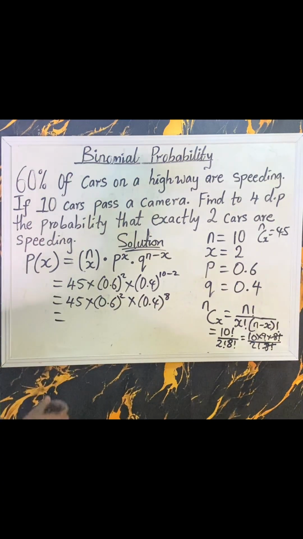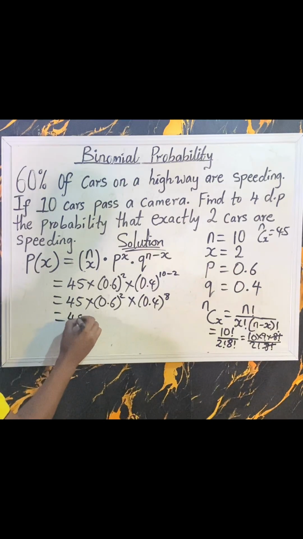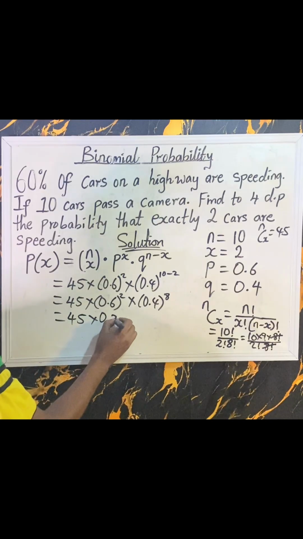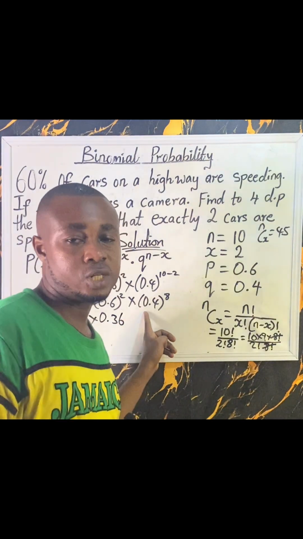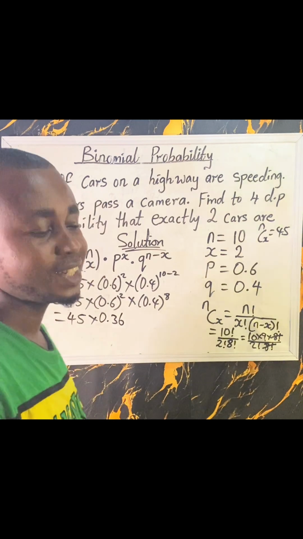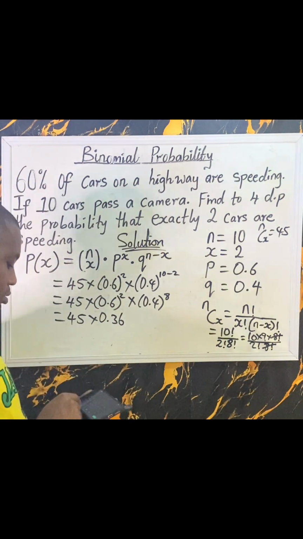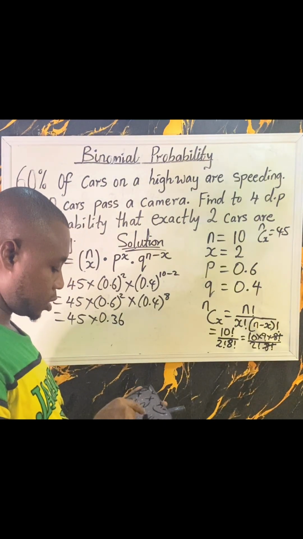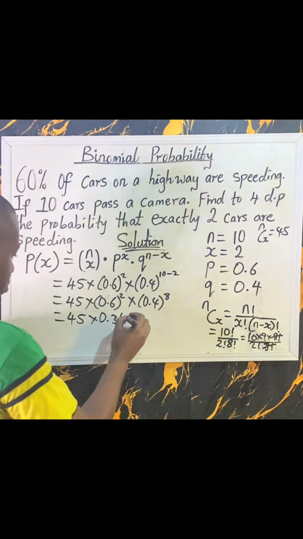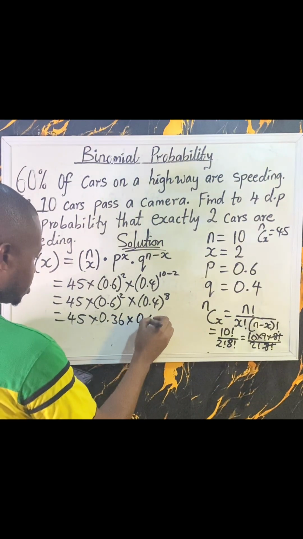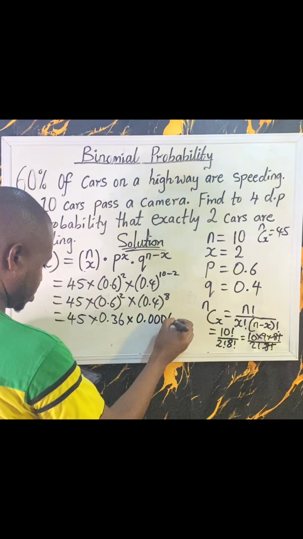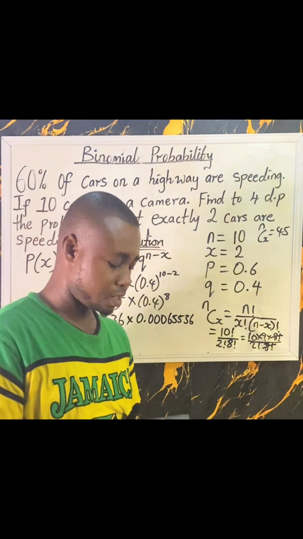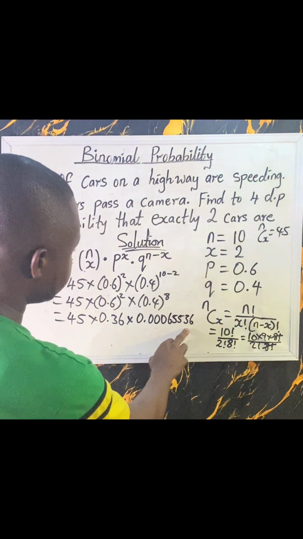We can now multiply. This becomes 45 times 0.6 raised to power 2, which is 0.36. What about 0.4 raised to power 8? I need my calculator. 0.4 raised to power 8 will give me 0.000655536. That is ridiculous. I've decided to leave it this way.